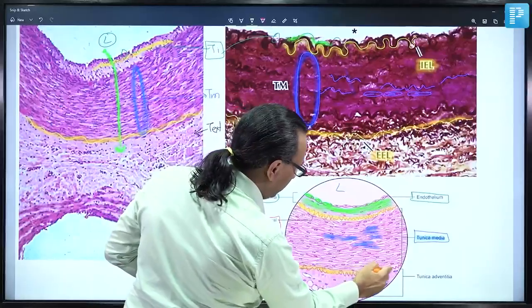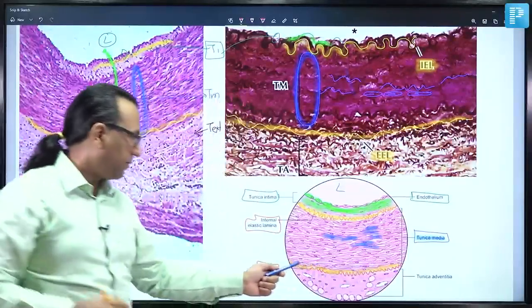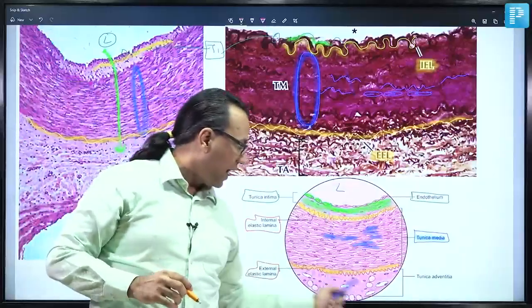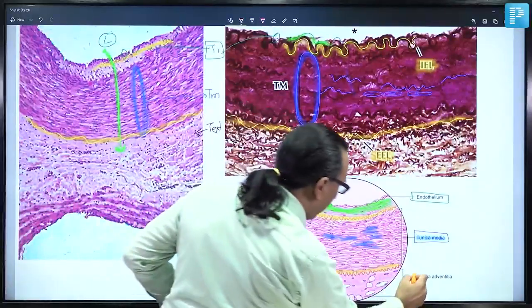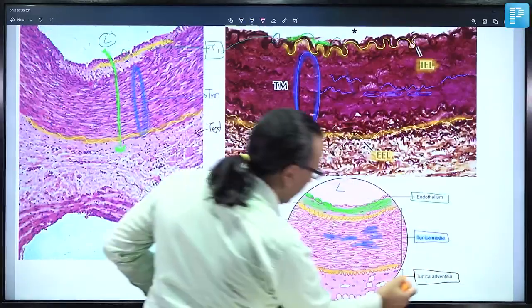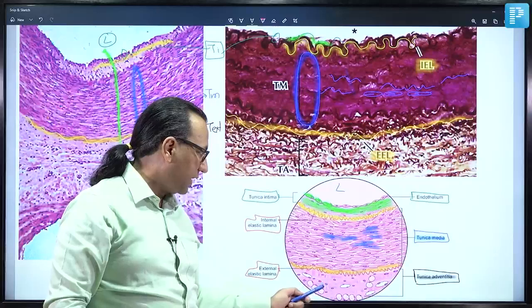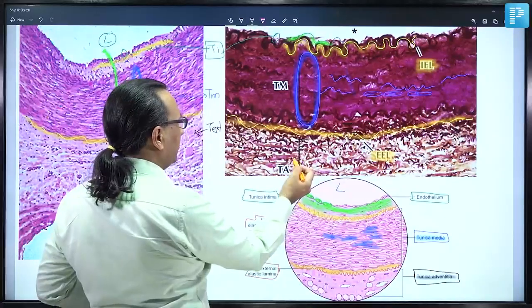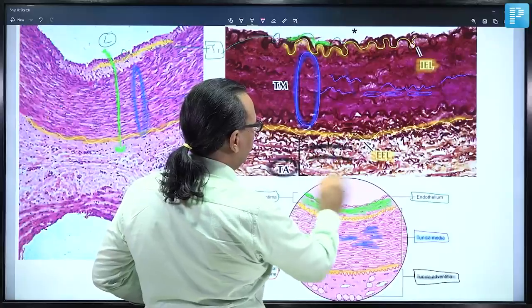It is made up of some elastic fibers at the boundary line of tunica media and tunica adventitia. The tunica adventitia, which is also called tunica externa, is going to have some collagen fibers and elastic fibers, as is evident here as well.